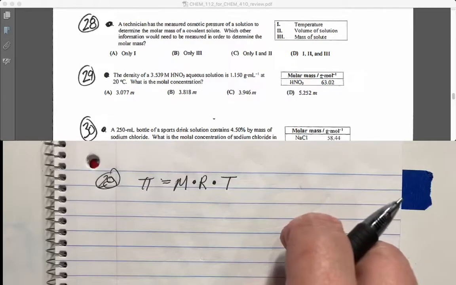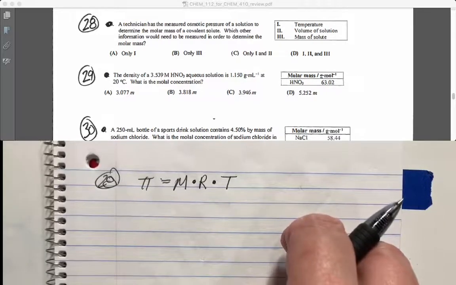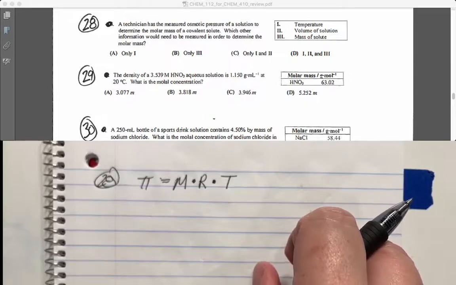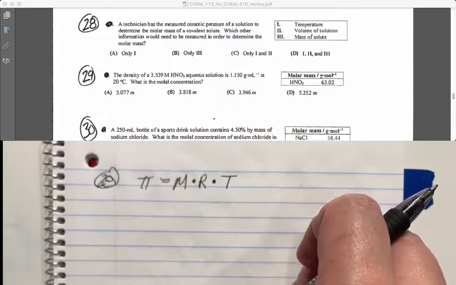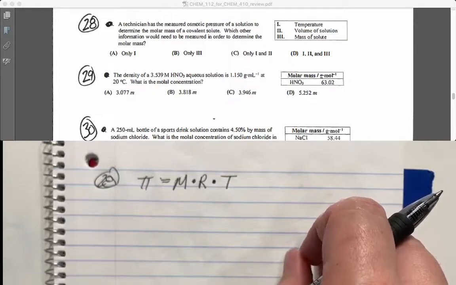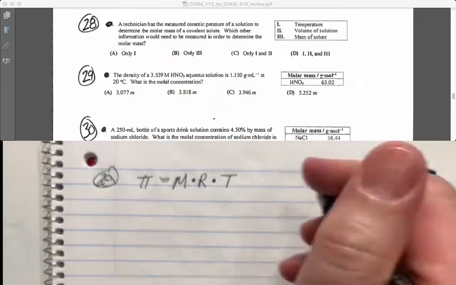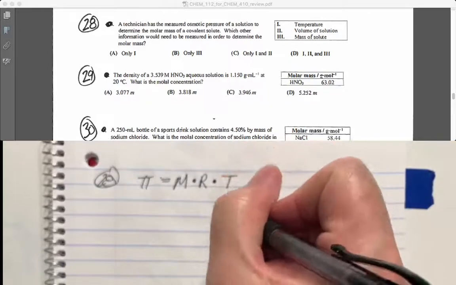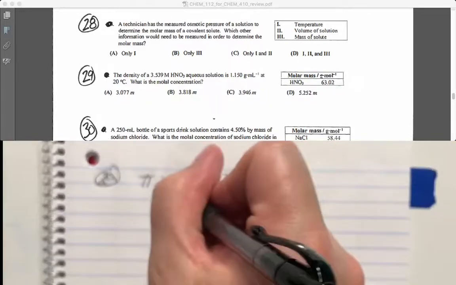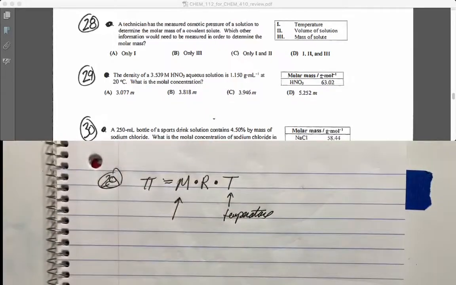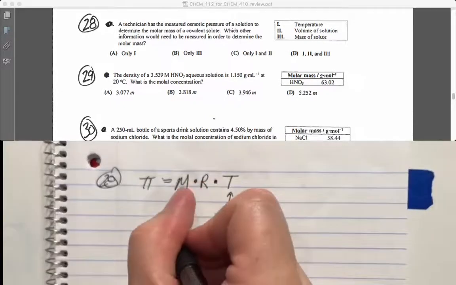And so we would need to know the temperature, and we would need to know the mass of the solute and the volume of the solution.